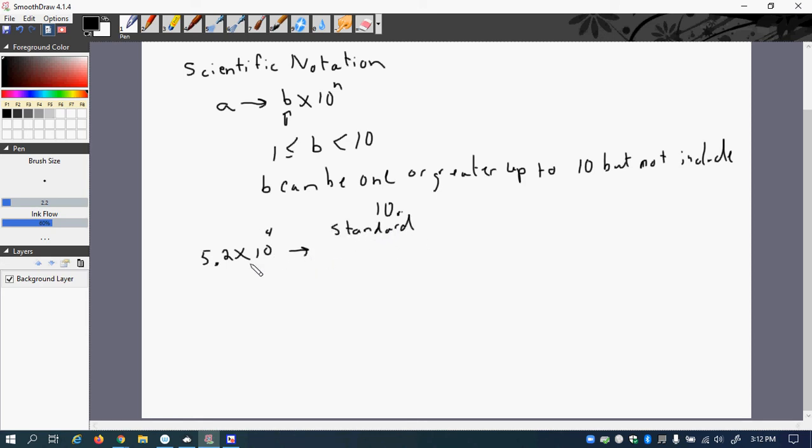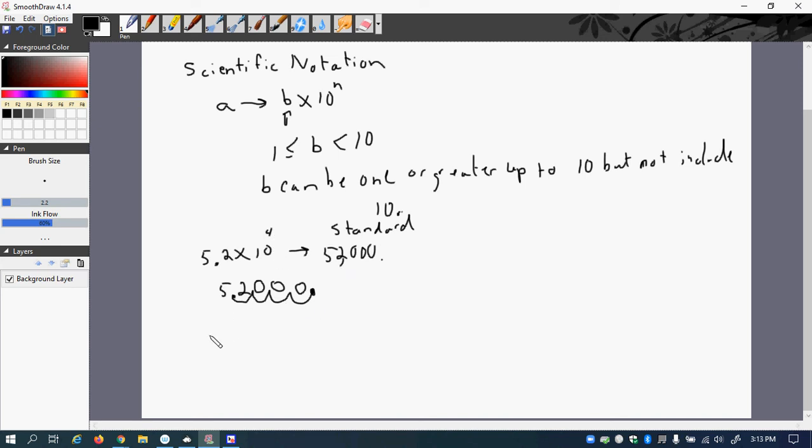So that means I'm going to take the decimal and move it 4 places. So let's copy it down here. And we'll move it 4 places. 1, 2, 3, 4. So here's where the new decimal place goes. And all the blanks are where zeros go. So this is really 52000. And so it's 52,000.